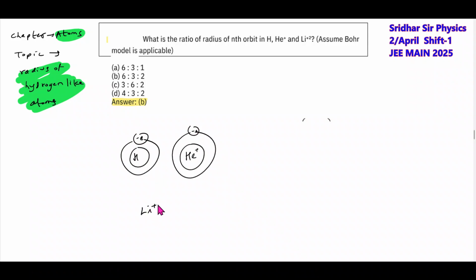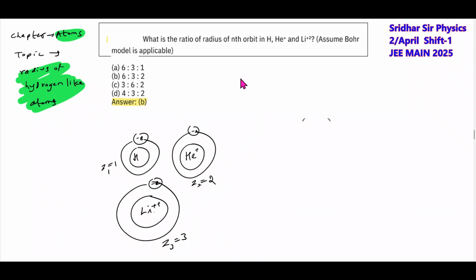Next, lithium double plus, it will have 1 electron. The charge of the nucleus: it will have 1 proton, Z1 equal to 1. It will have 2 protons, Z2 equal to 2. It will have 3 protons, Z3 equal to 3.